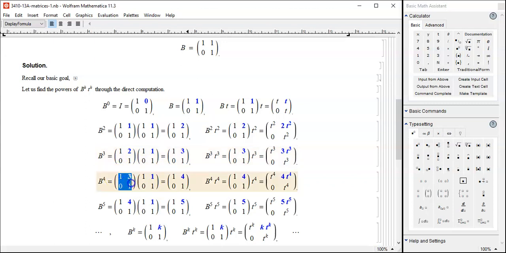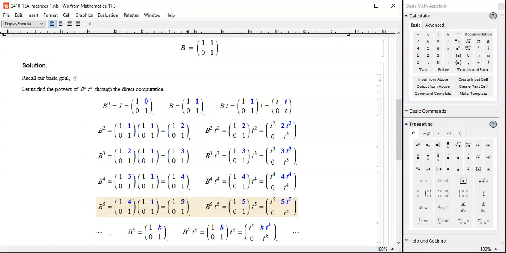First row, first column, 1 times 1 plus 3 times 0, that's 1, no problem there. First row, second column, 1 times 1 plus 3 times 1, that's 4. And then if I do this again, 1 times 1 plus 4 times 1, that's 5, and so on and so forth.